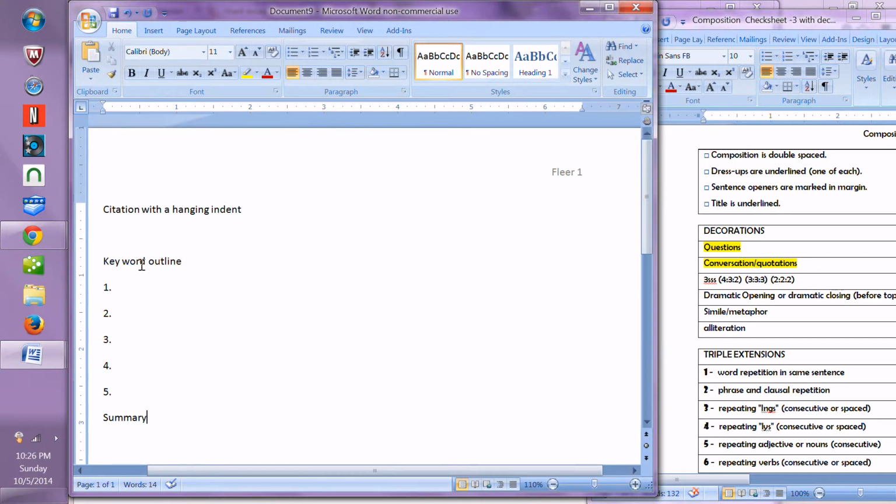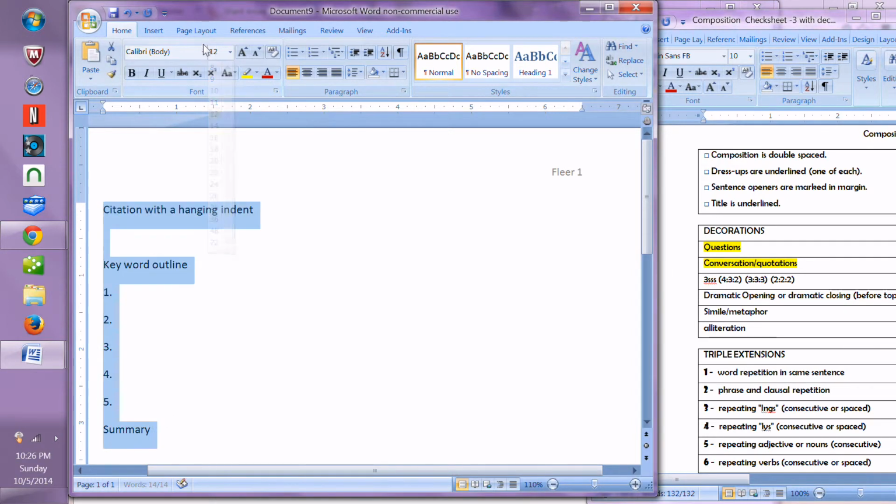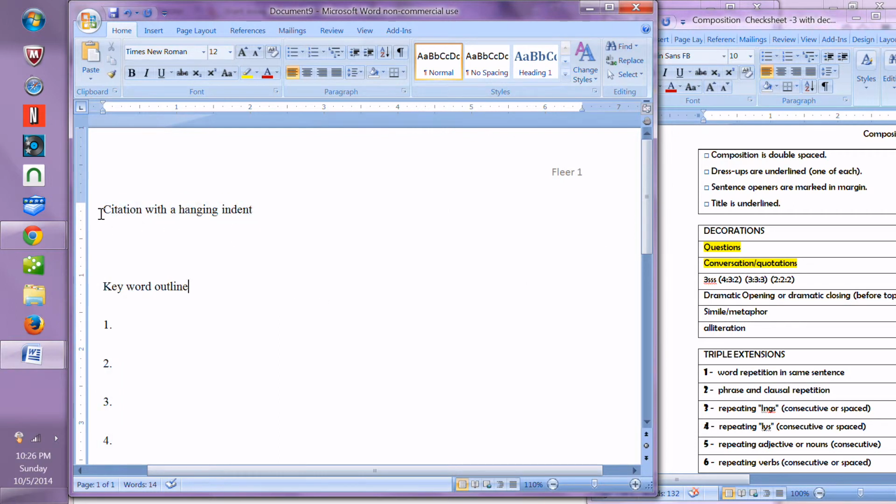When we start doing our research paper, we're going to do the summary before the keyword outline. But start with your citation. Use your hanging indent. Be sure and use the format 12 points, Helvetica or Times, and everything double spaced. And go ahead and start practicing the front page of the MLA style.